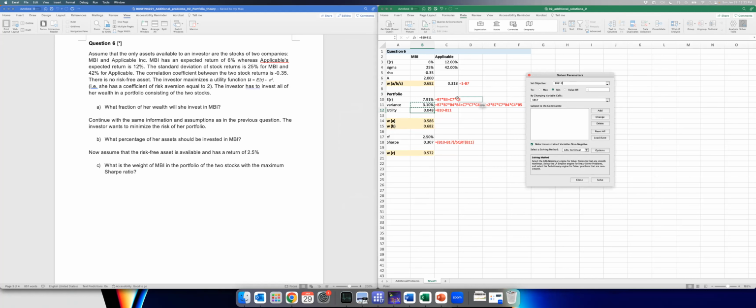And you see that the number in B7 has changed to 0.68. So if the investor is more risk averse and only wants to minimize the risk of her portfolio, she would pick 0.682 weight in NBI and the rest in Applicable.